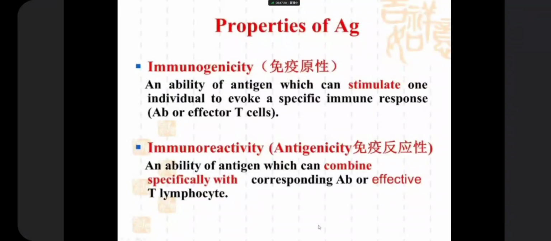Another property of antigen is immunoreactivity, in Chinese 免疫反应性. That is the ability of antigen to combine specifically with the corresponding antibody or effective T lymphocytes.